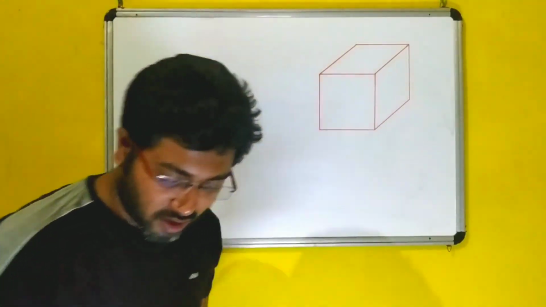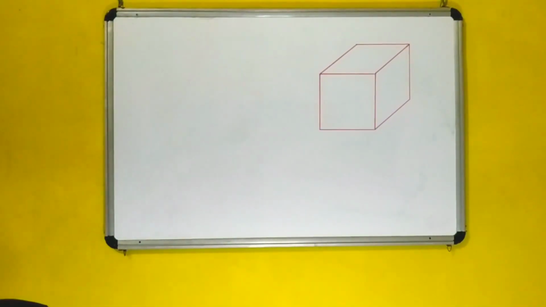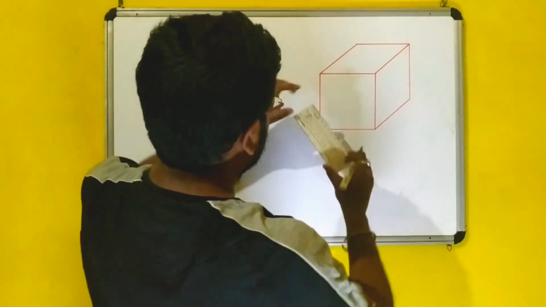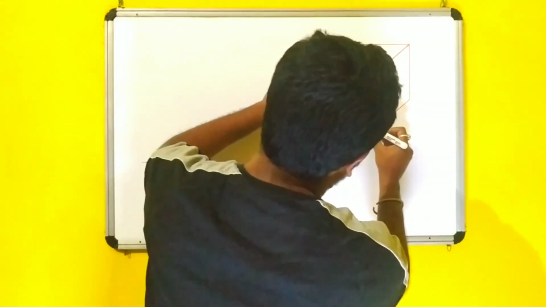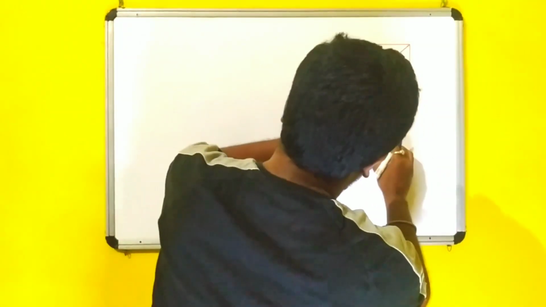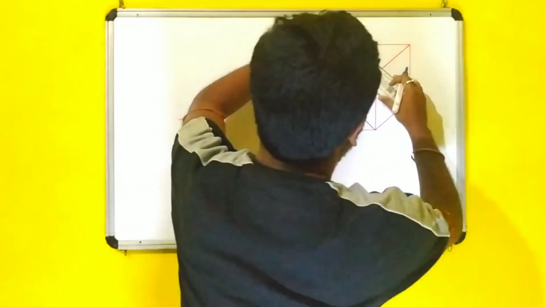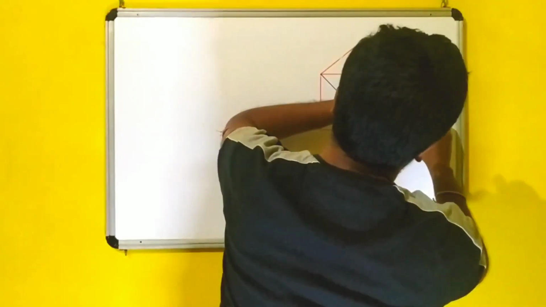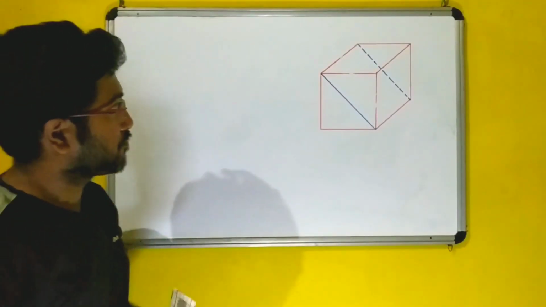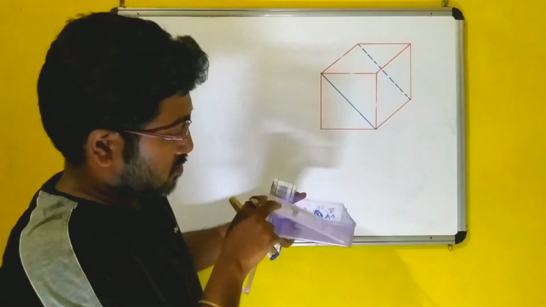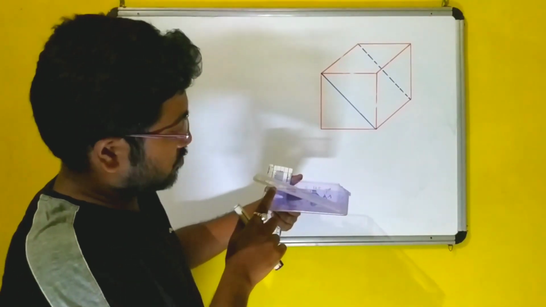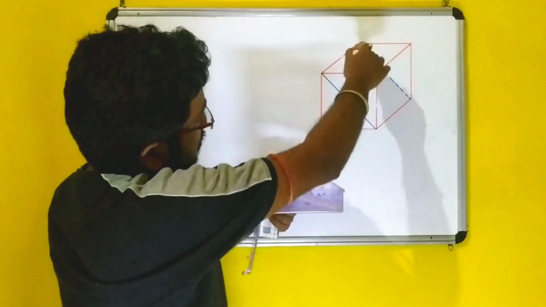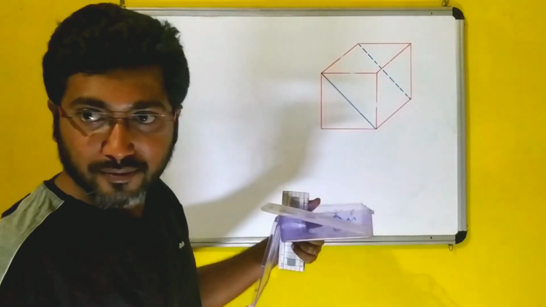So how to draw it in three dimensions? In the three-dimensional figure, this plane is represented by this blue line.